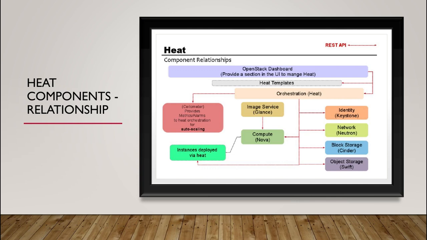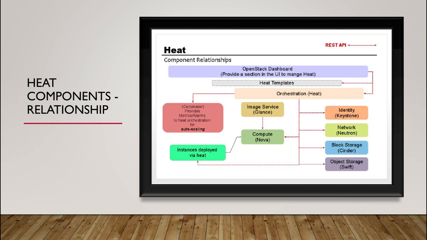Now the orchestration service has connectivity with your identity or Keystone, then network or Neutron, block storage or Cinder, and object storage or Swift. Also it has connectivity with the image service and compute. Now how it works: suppose you want to launch an instance, so what Heat will do, first it will go to identity or Keystone to see whether you are an authorized user or not.